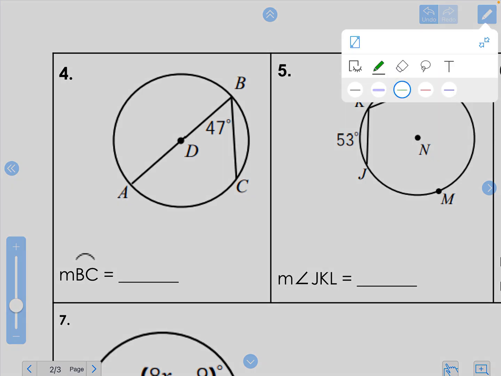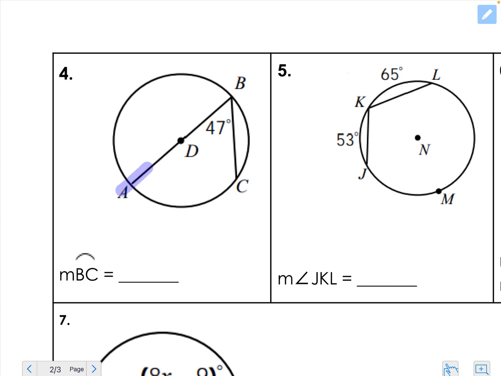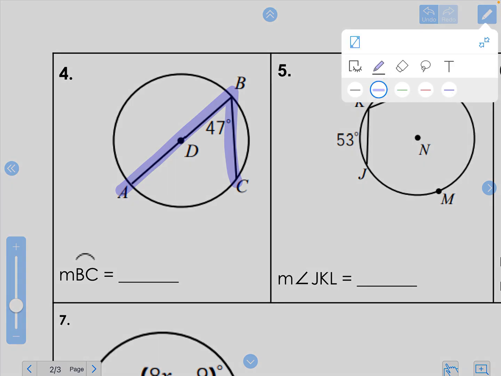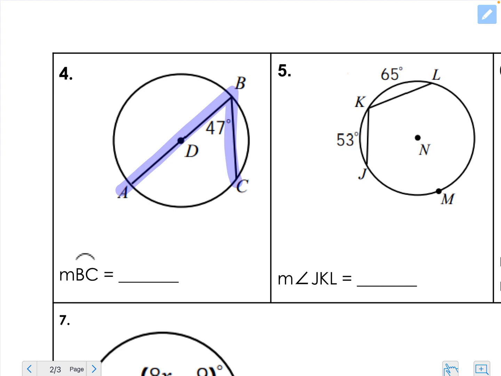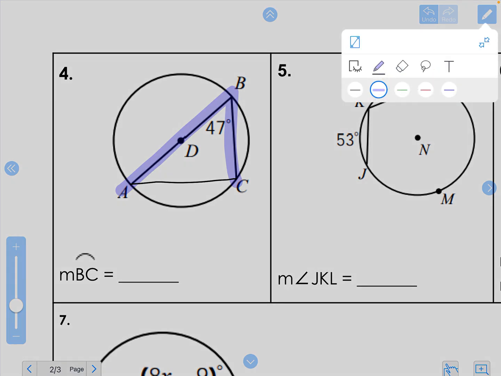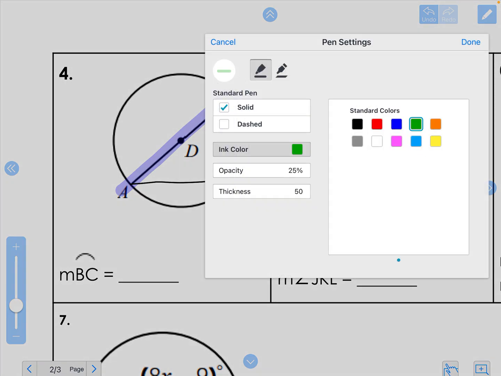Now, we've got to start applying some of these rules that we know. We notice that we have inscribed angle ABC, but what we also notice is that AB is a diameter. So if we then draw our own chord, line AC, we now have a new angle. Let me change the colors to make this a little bit easier to see.